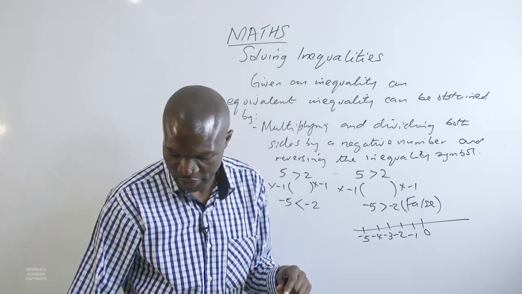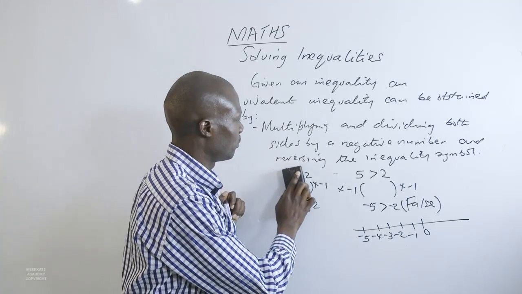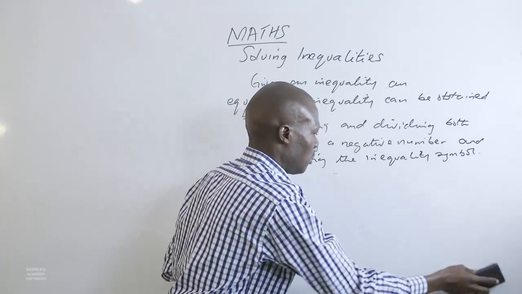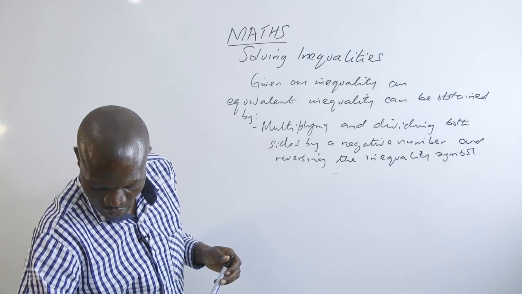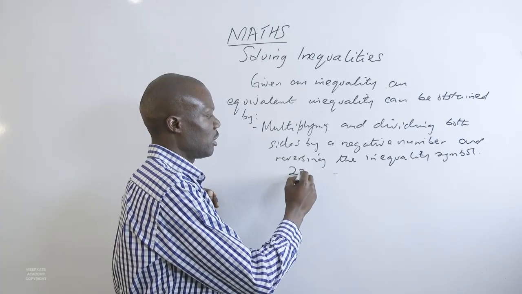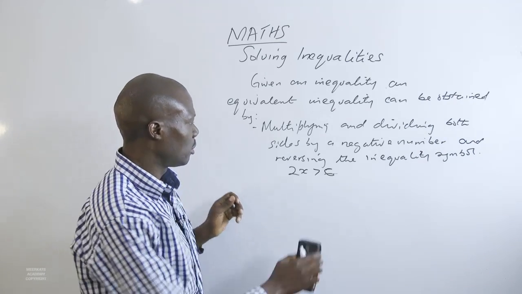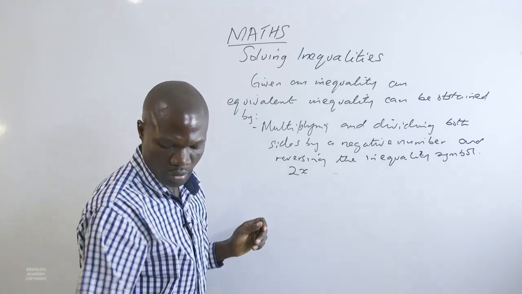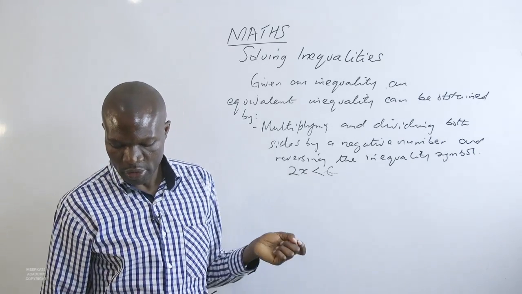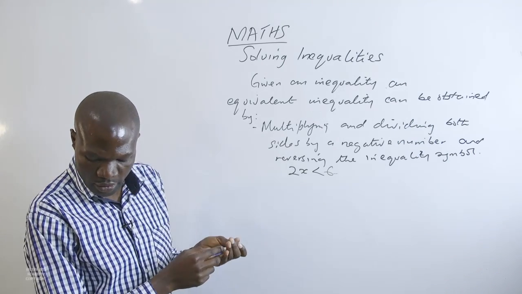Supposing we were dividing. Let's have an inequality 2x is less than 6.